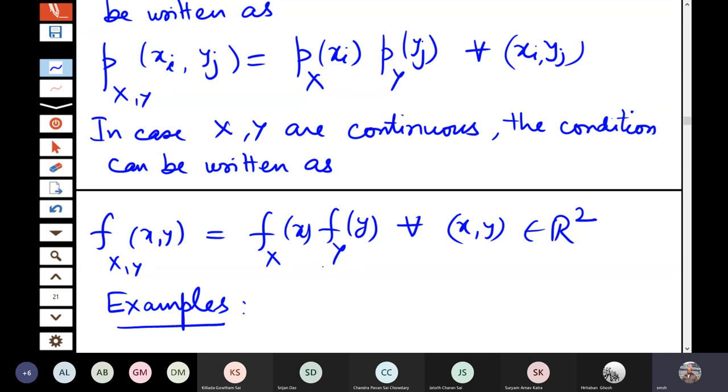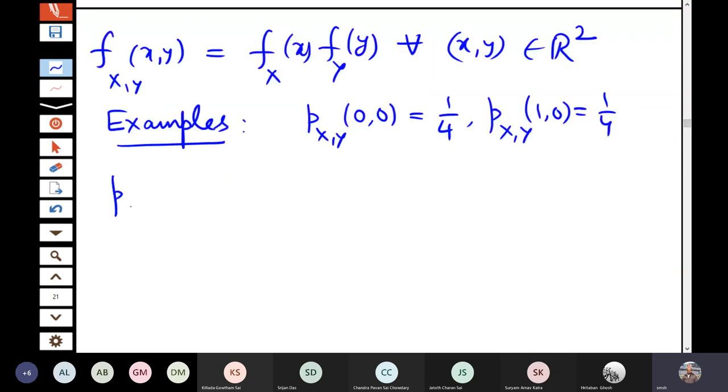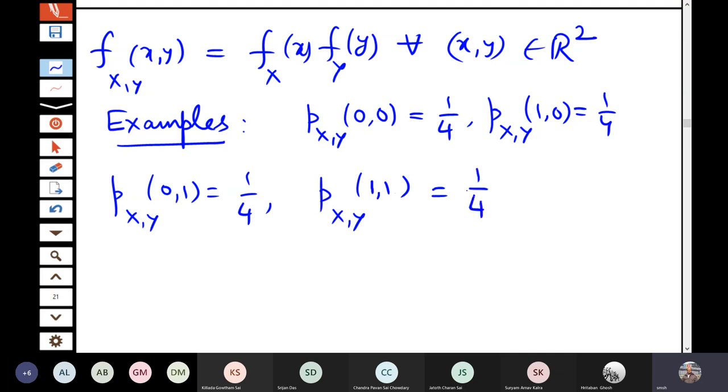Let us take a discrete case, say the probability of (0, 0) is equal to 1/4, (1, 0) is 1/4, (0, 1) is 1/4, and (1, 1) is also 1/4.